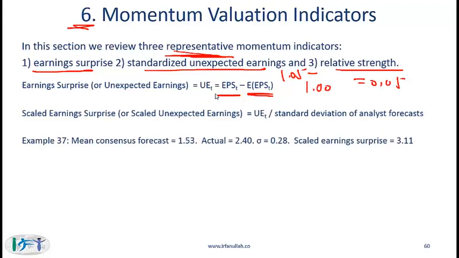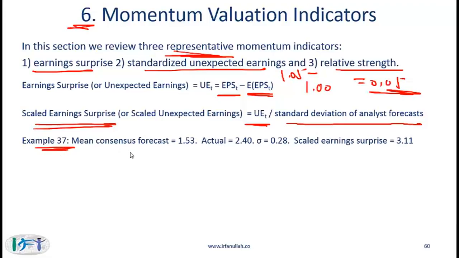Related to this measure is something called scaled earnings surprise. So is this 0.05 surprise a big deal or not? One way of figuring that out is to take the unexpected earnings, or the earnings surprise number, and divide by the standard deviation of the analysts' forecasts. A simple example is given here, number 37. You have a given company and the mean consensus forecast is 1.53. Then the actual EPS turns out to be 2.4.